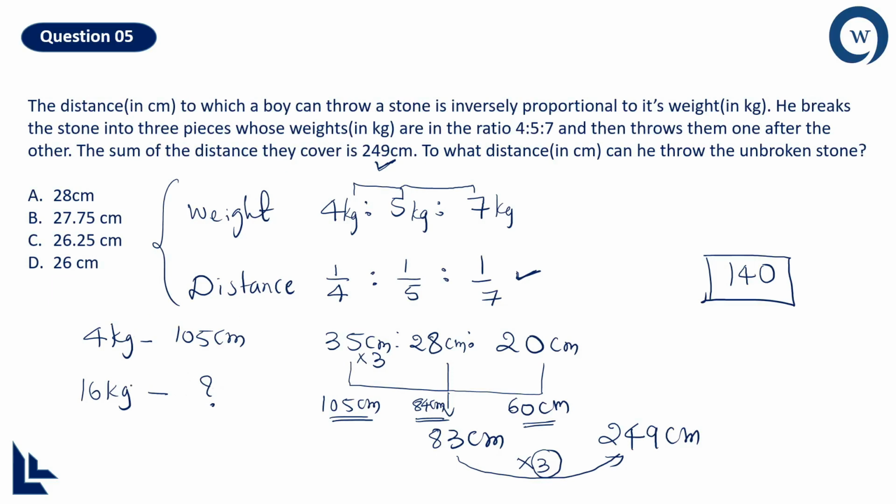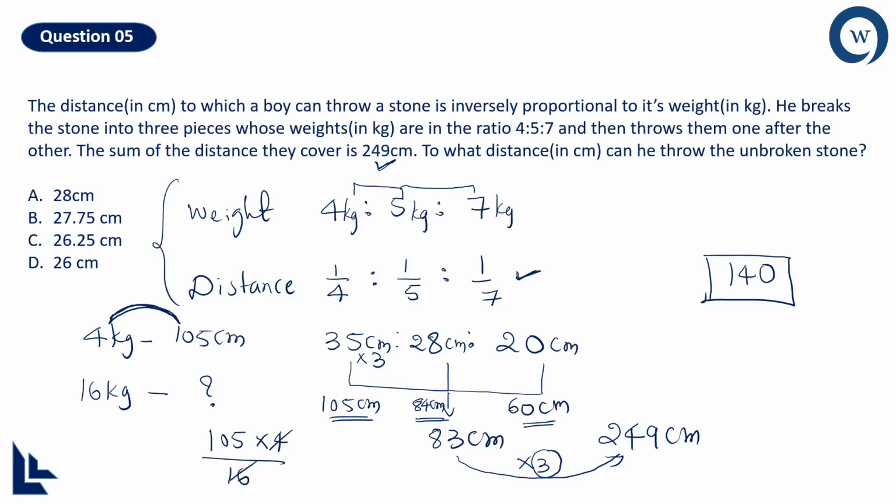And you know that this is not directly proportional, it is inversely proportional. The more the weight, lesser the distance traveled. So 4 kg stone, 105 centimeter, 16 kg, how much? So this is inversely proportional. So multiply these two terms first. You will get 105 into 4 divided by 16.